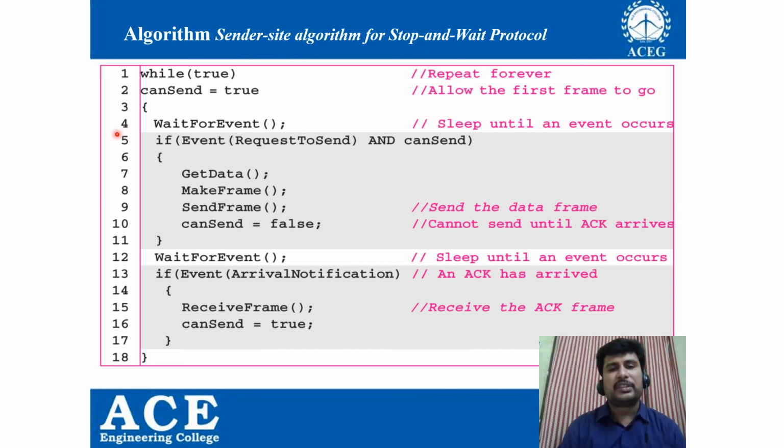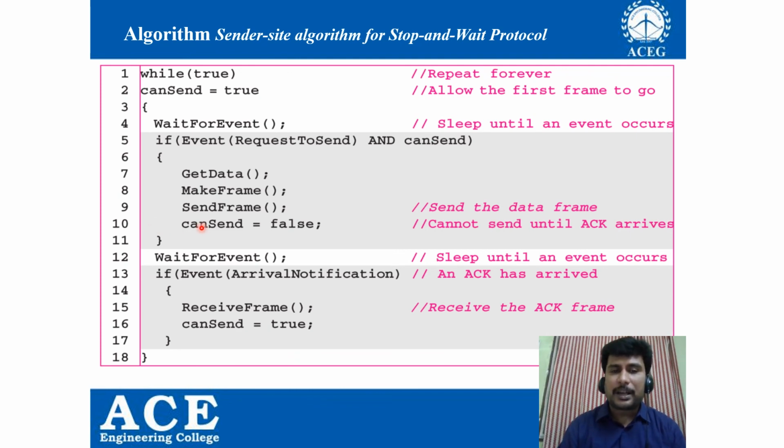Once it has received the data from the network layer, that event, request to send, has been generated and also can send is true, then the data link layer will get the data and make a frame from the data by adding header and trailer and send the frame through the noiseless channel, and immediately after sending the frame it will make the condition can send equal to false.